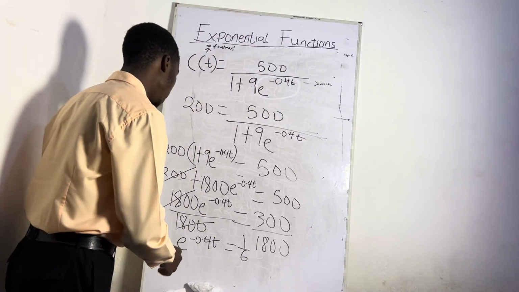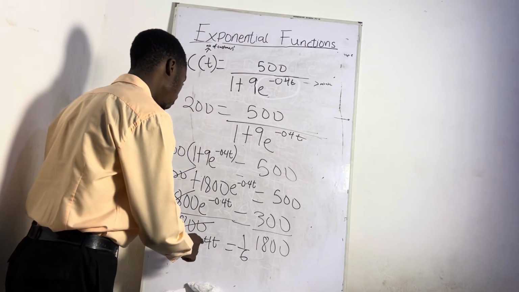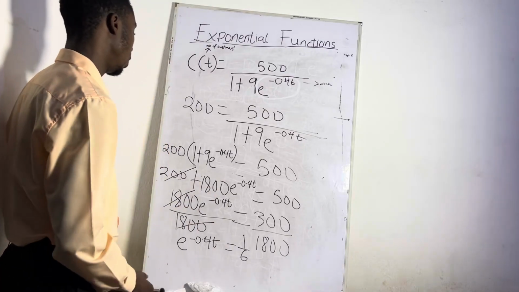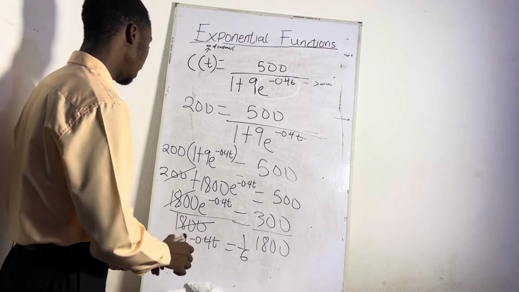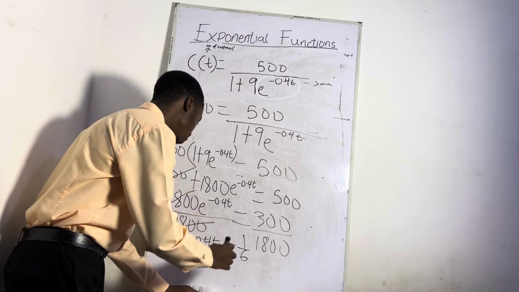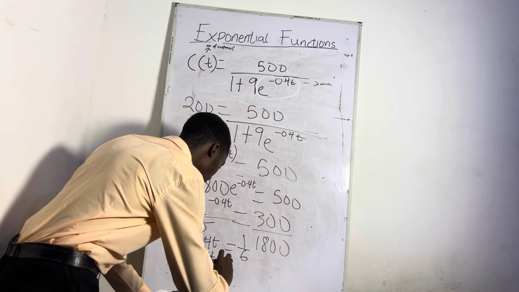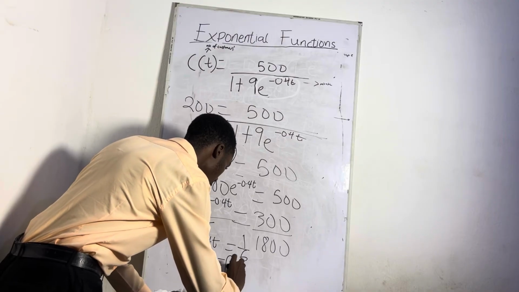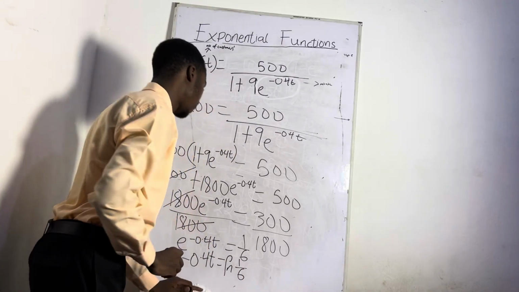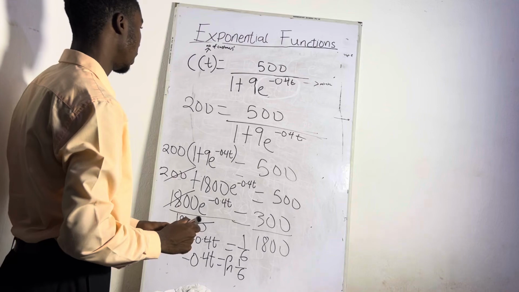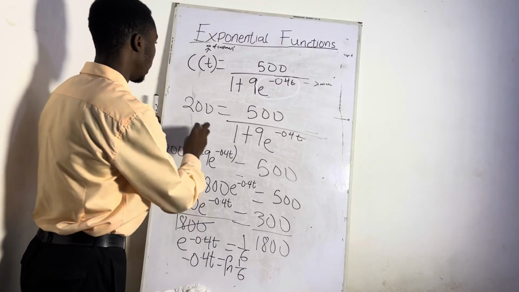You get it? So now that we have e exponent negative 0.4t is equal to 1 over 6, what can we do? We can take the natural log. I said anytime you have something like this, you take the exponent. So negative 0.4t will be equal to ln of 1 over 6.